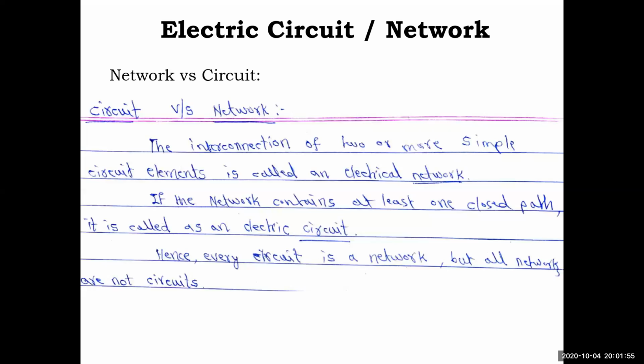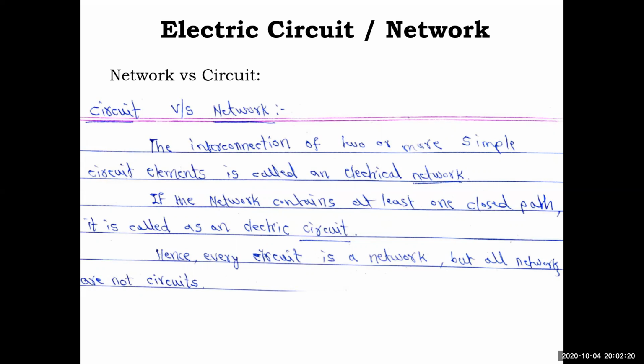Just to give you an idea of how they differentiate: the interconnection of two or more simple circuit elements is called an electrical network. You have connected a resistor, inductor, capacitor, and there is no closed path, right? That we call simply a network. But if that same network contains at least one closed path, then we call it a circuit.